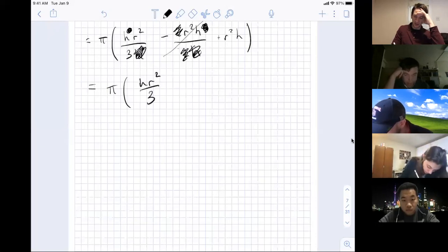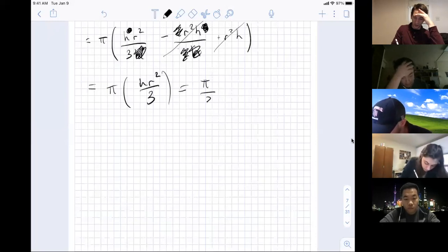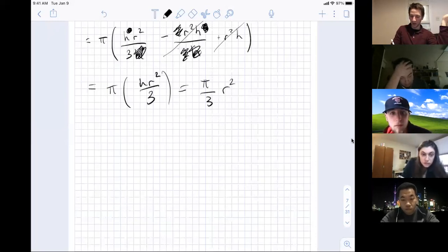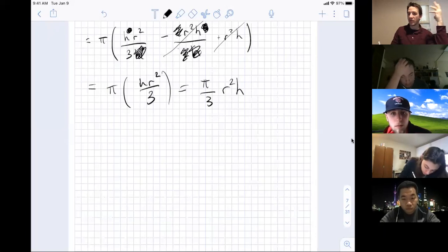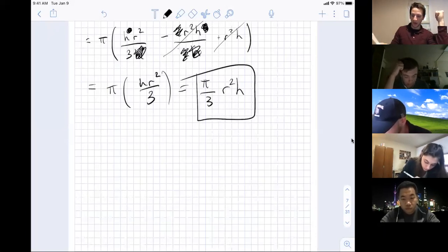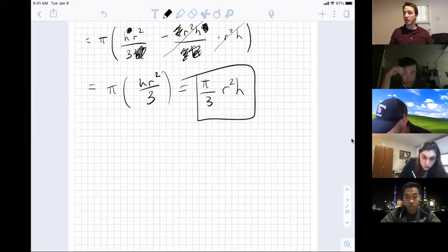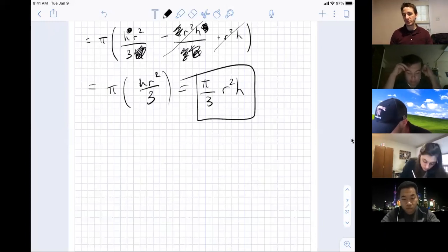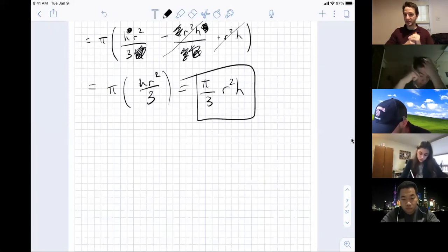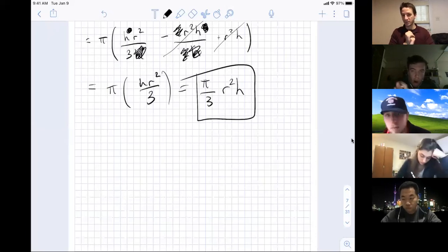And so we are left with pi over 3 times r squared h, or h r squared, however you want to write it. But we get the formula for the volume of a cone, that if you knew it from earlier classes, that's great. But if you didn't know it, now you know it. And now you know how we get that volume.